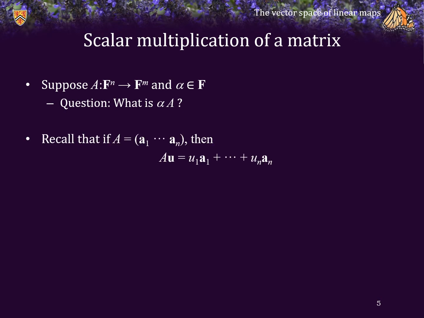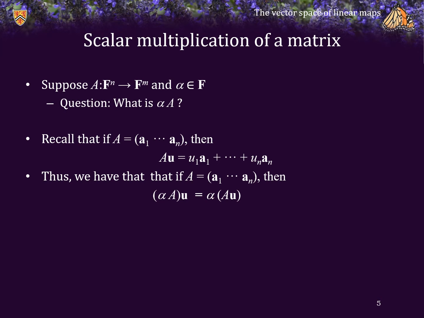Well, recall that every single linear operator from a finite dimensional vector space onto another one is representable by a matrix, specifically an m by n matrix where we have n column vectors of dimension m, in which case A applied to u is a linear combination of the columns of A with each column multiplied by the corresponding entry in the vector u.